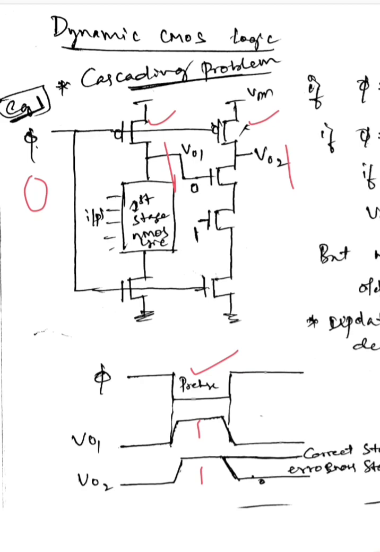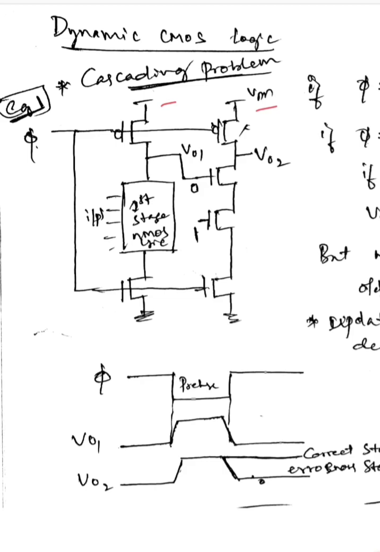There is no problem with the precharge state. Both outputs are precharged to high and reach VDD. If there is a capacitor at the output, it charges fully to VDD since we are providing VDD from the source of the P transistors. So there is no problem associated with the precharge mode.